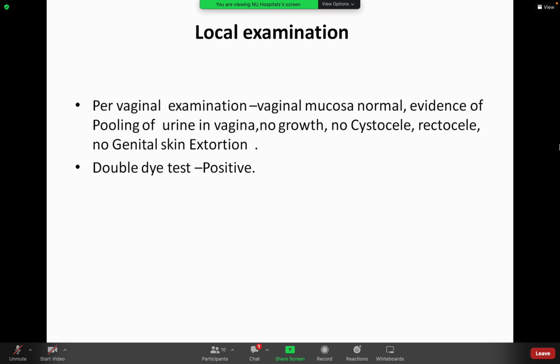You would normally put in a speculum. Would you expect the vaginal mucosa to be all normal with a ureterovaginal fistula, or would you expect some sort of induration to be palpable? Yes, sir. Some induration and redness will be there, and we will be able to appreciate the leakage of urine from one particular point.